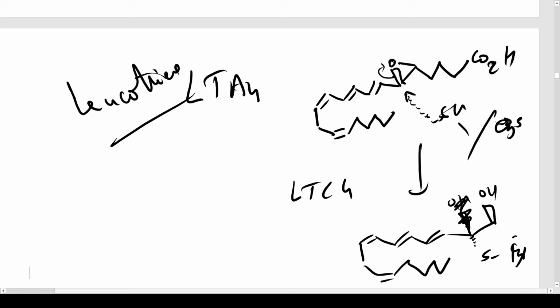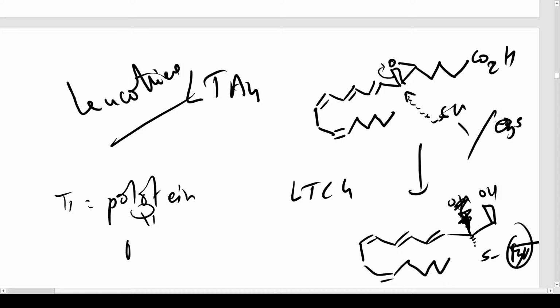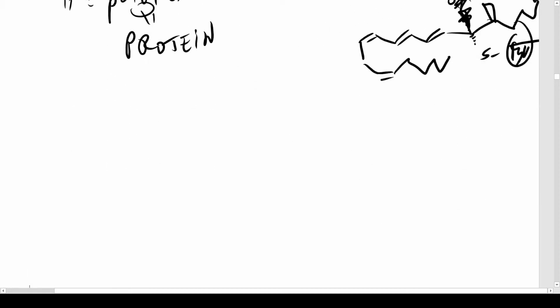S protein. Protein, okay, this is protein. CO2H.